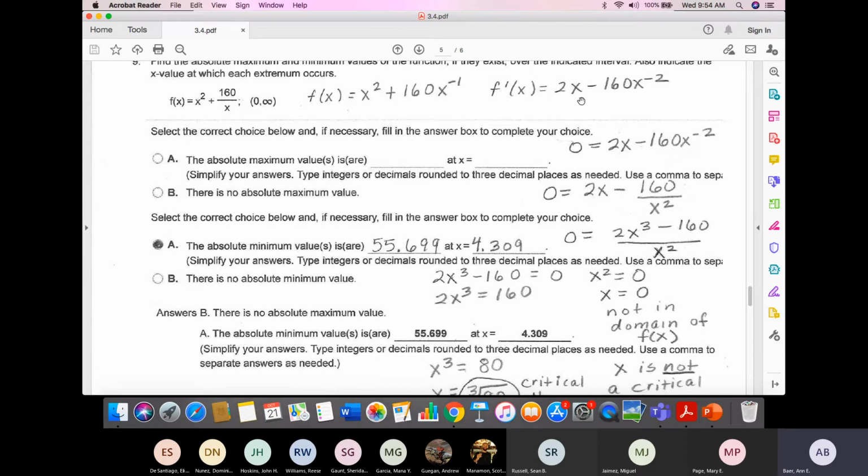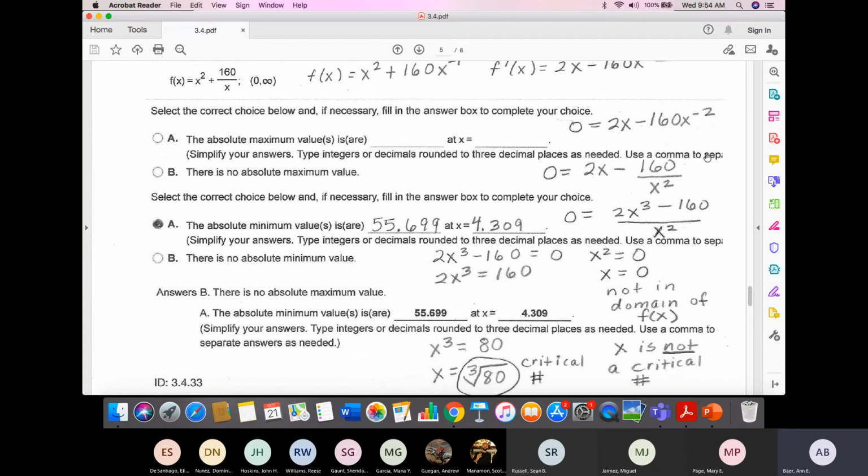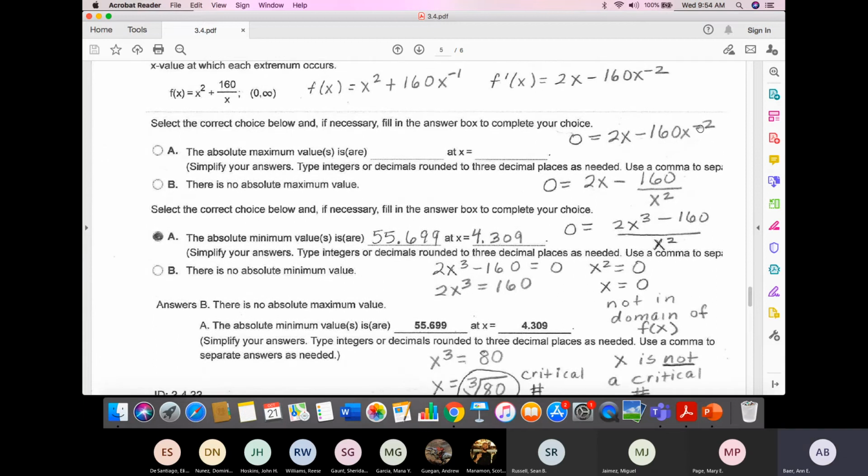So 0 equals, copy this down, copy this down. Now it's a little difficult to work with a negative exponent. So I flipped it back down to the denominator and changed the sign on only the exponent. Now we have 0 equals 2x minus 160 over x squared.